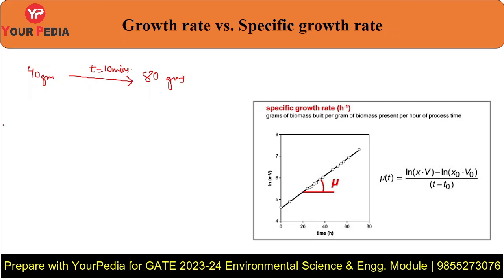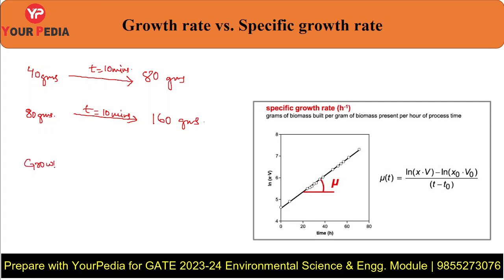And let's say in another bioreactor, we took the same microbes, same bacteria, but we started with 80 grams, which again doubled in 10 minutes to 160 grams.